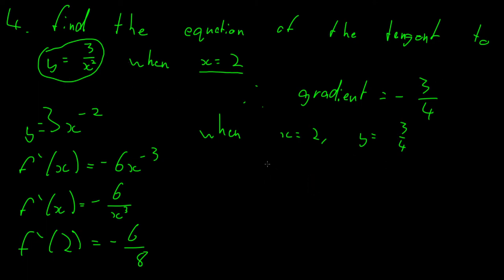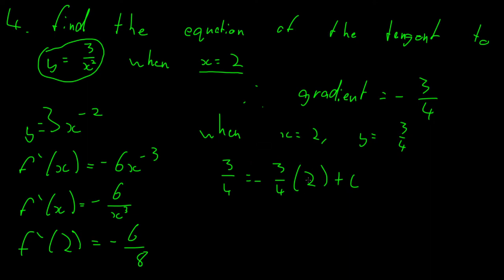Okay, so then we substitute this in. We say y equals minus 3 on 4 times x plus c. This is just y equals mx plus c form to solve this equation.